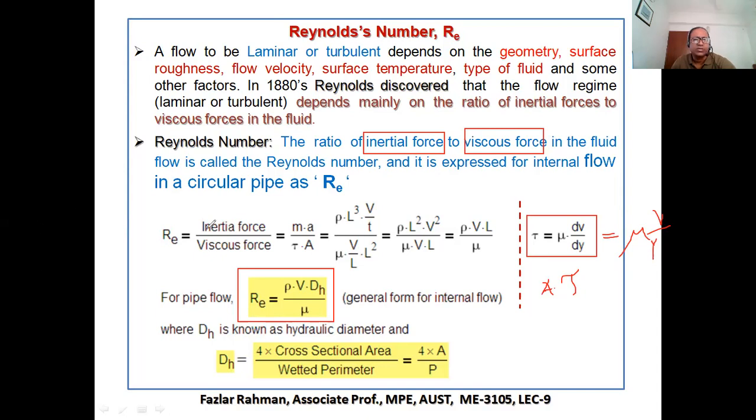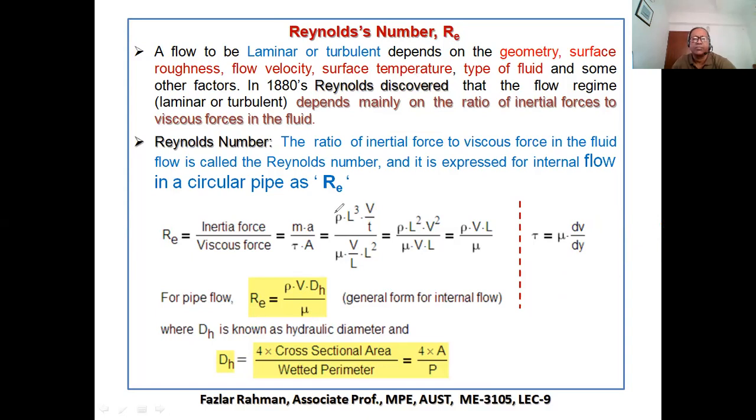So now take the ratio, inertia force by viscous force. The viscous force is tau into area, and the inertia force comes from Newton's second law, F equal to ma. Now how do we figure out the mass of the fluid, m? If you know the volume multiplied by rho, you get the mass, right?